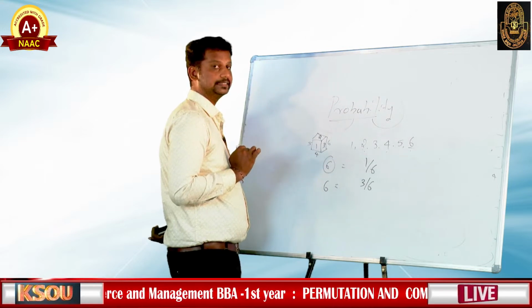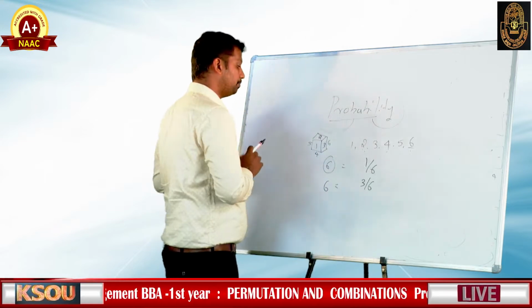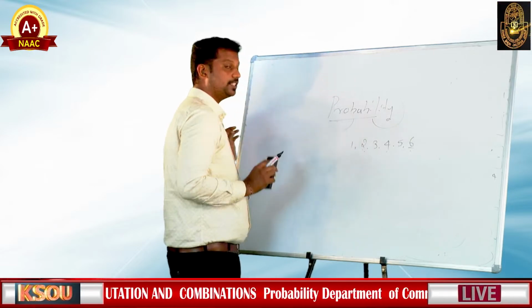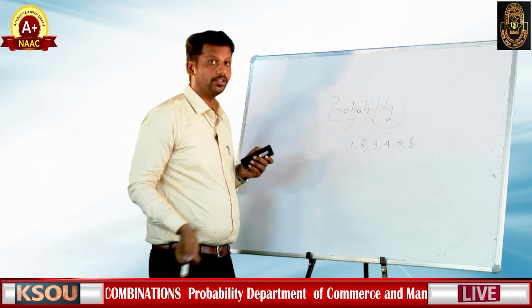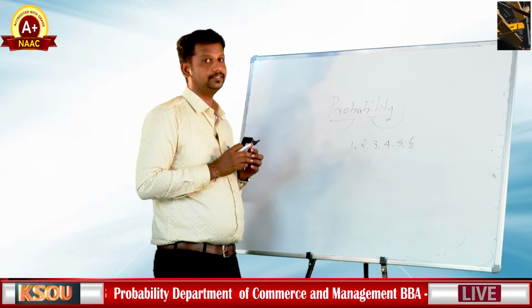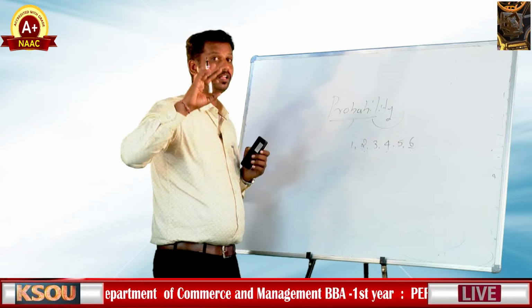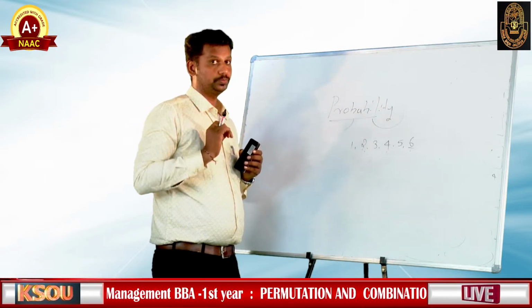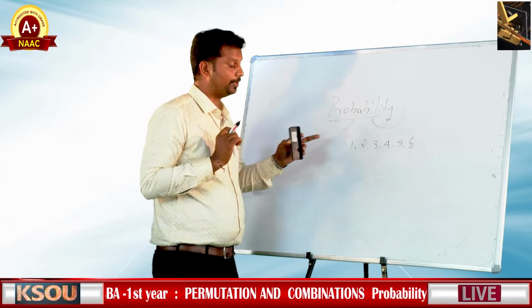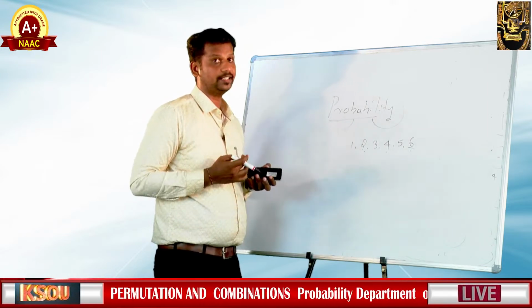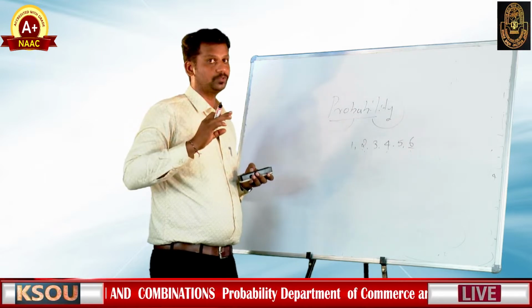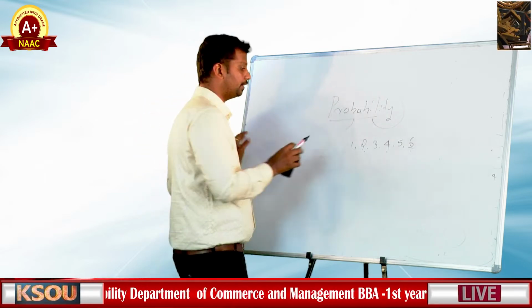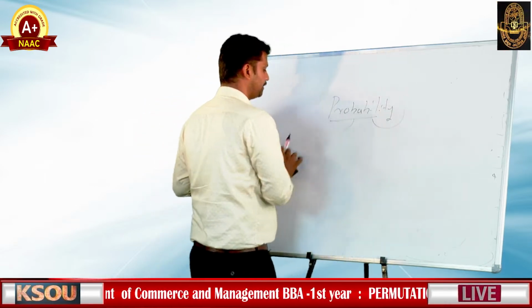Sometimes they ask the probability of getting both dice showing 2. You should calculate by taking the arrangement. It will be 2 divided by 36. We can expect that type of question in our examination.